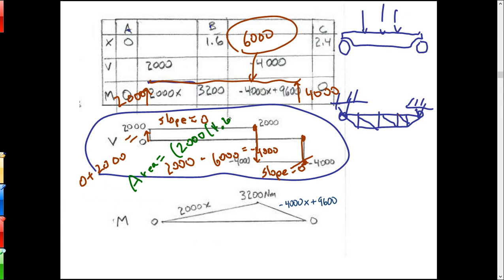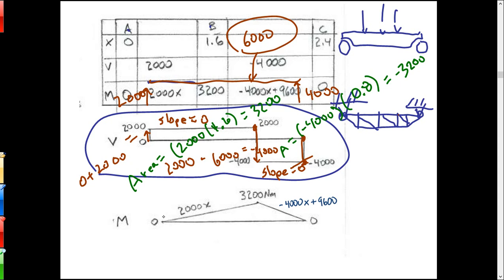Yep. So that first area equals 3,200. And the next area is negative 4,000. Sorry if this is getting a little messy in here. Times 0.8, thank you, 0.8. And that's negative 3,200, I should say.